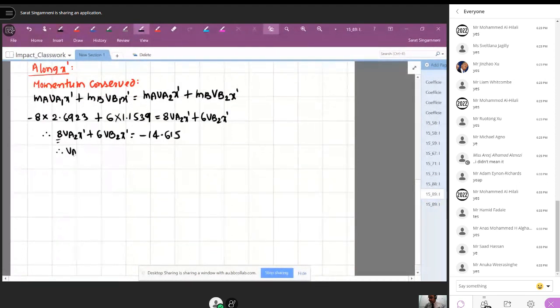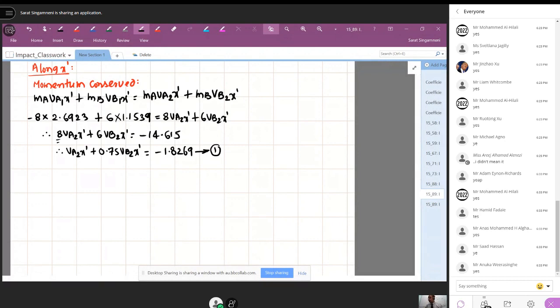Therefore, VA2 x dash plus 0.75 VB2 x dash is equal to minus 1.8269. That is one equation. We have two unknown quantities.